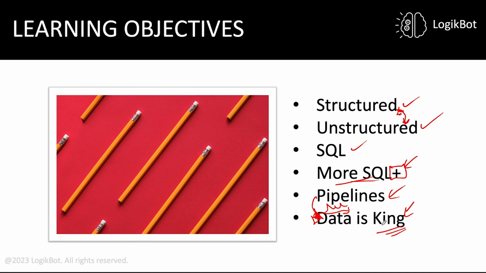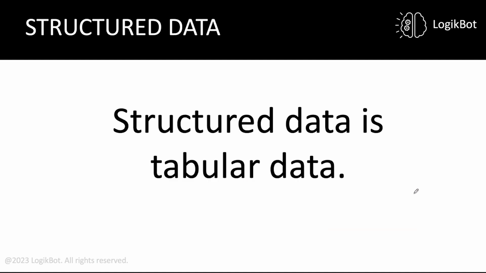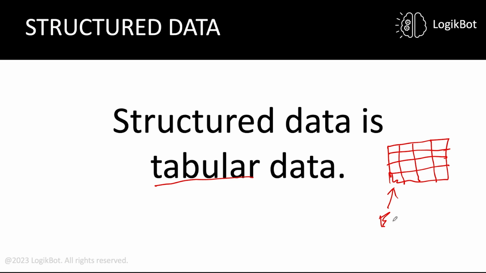All right, so lastly, we just talked about it, data is the king. Yes, it is. What is structured data? Structured data is tabular data. Here, tabular means table. Here's a table. It's got columns and rows. This is structured data. Think of an Excel spreadsheet as structured data.